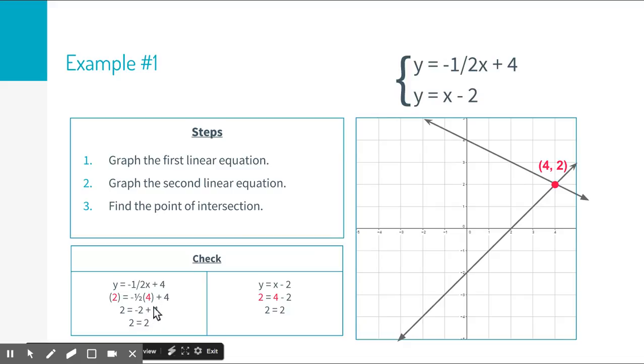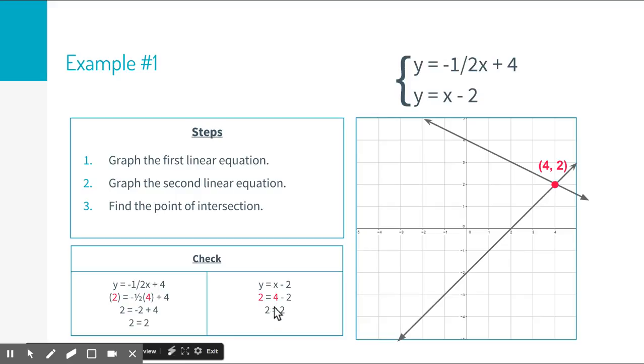You can see that we have our two original equations, and what you're going to do is plug in 2 for the y and 4 for the x. And then you simplify all the way down, and if both sides are equal to each other, then you know that that is a solution. Same thing over here.